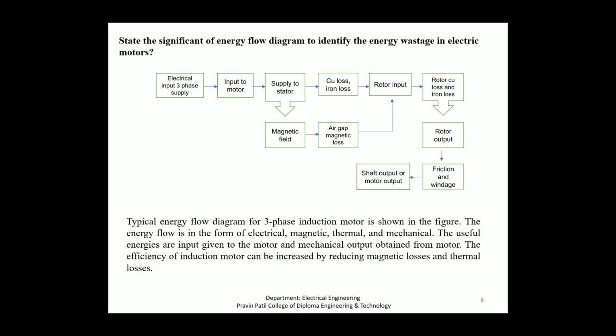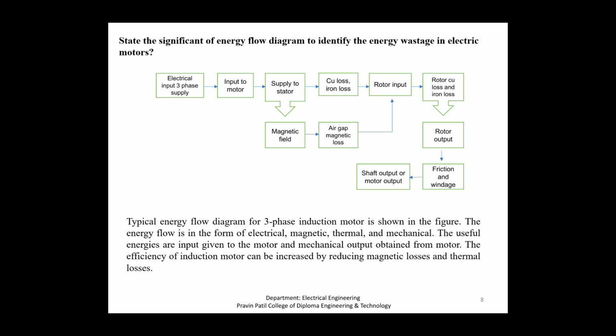The next is variable losses. These losses are also called copper losses, that is I square R loss. These losses occur due to current flowing in the stator and rotor winding.